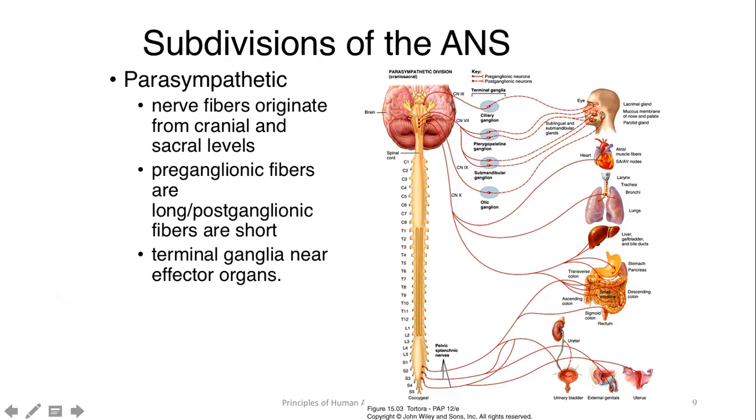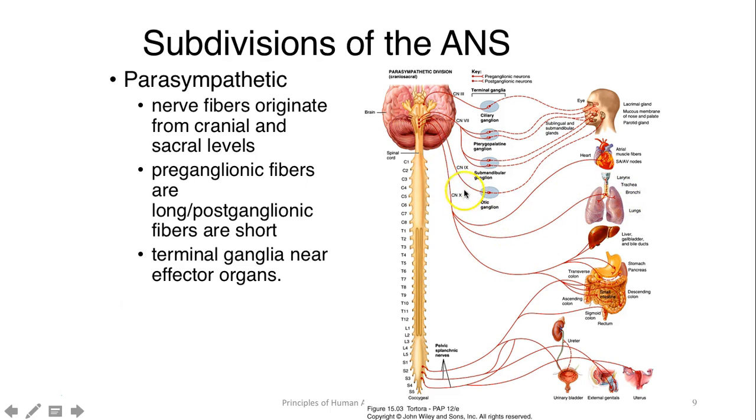Now, in the parasympathetic nervous system, you'll see it's sort of the opposite setup. The nerves are going to originate in the cranial areas as well as down here in the sacral areas. So these preganglionic fibers tend to be really long. A lot of times they don't even have a ganglion, so there are only a few little ganglia here. These neurons are actually very long.